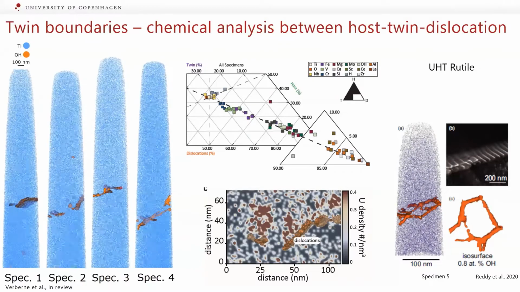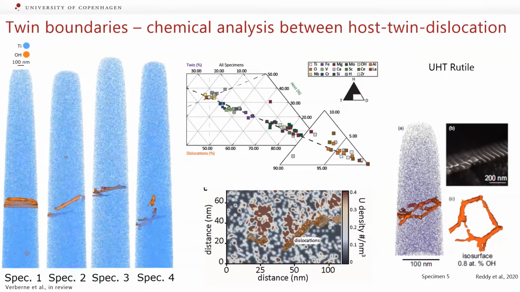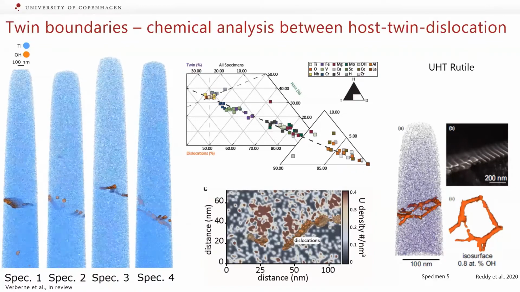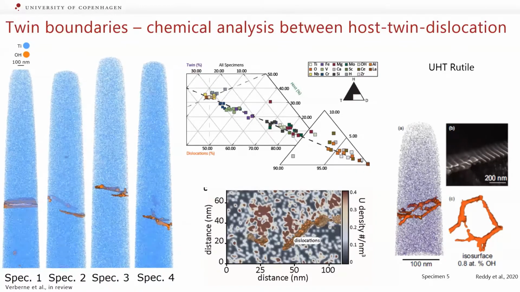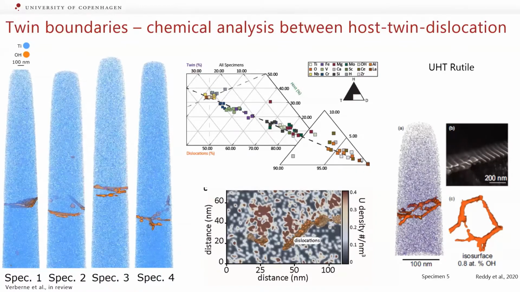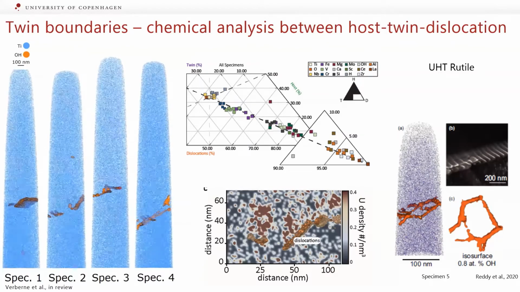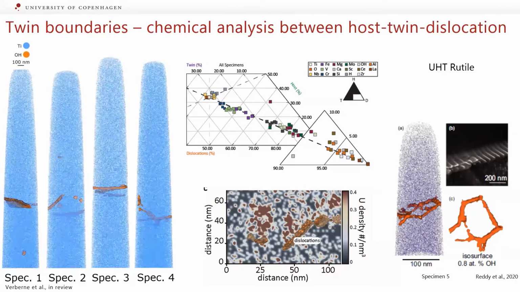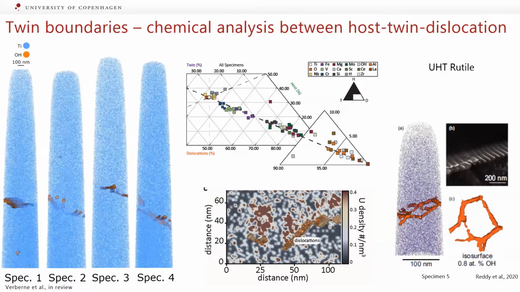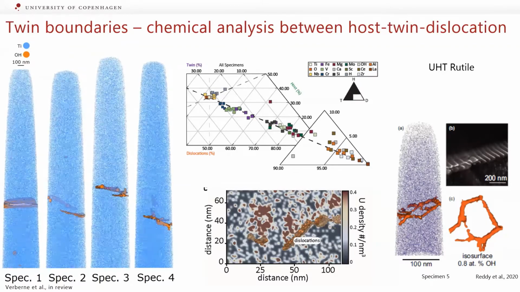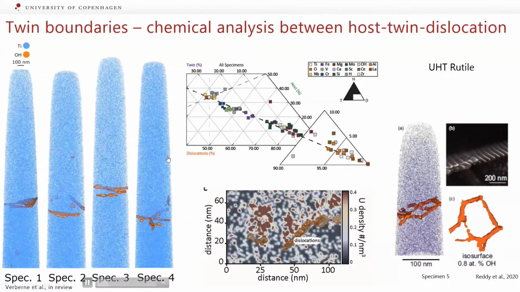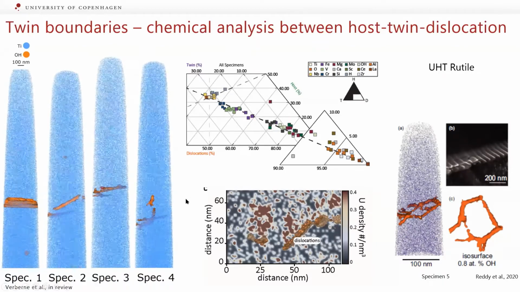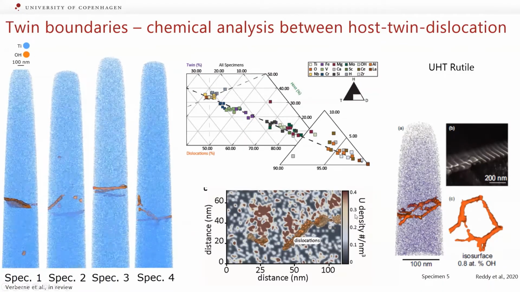Niobium, for example, is not really enriched inside these boundaries, but iron and chromium are, which has implications for trace element transport and so on. Another thing we've done here is use a similar 2D concentration profile as before to show that the uranium in these samples is actually not located inside the boundary, but has a profile above it.